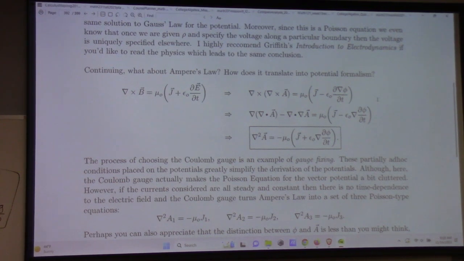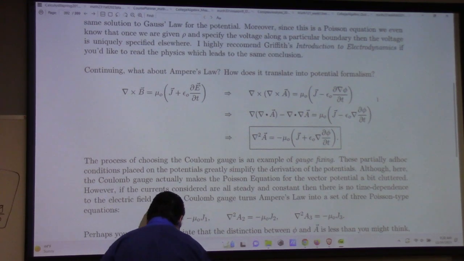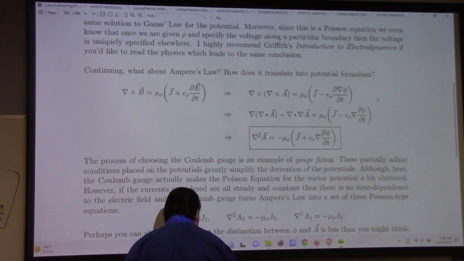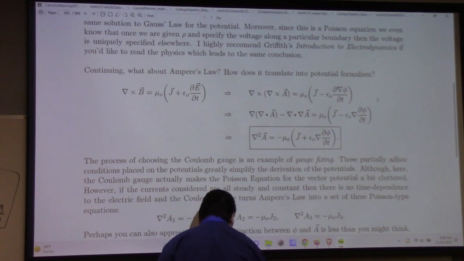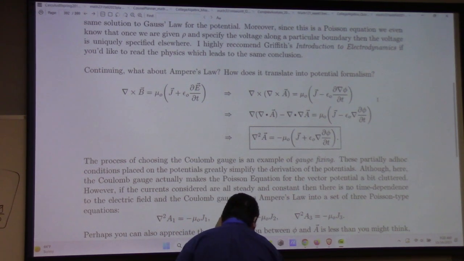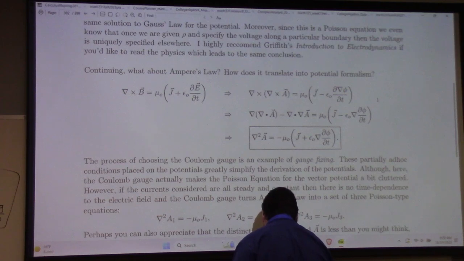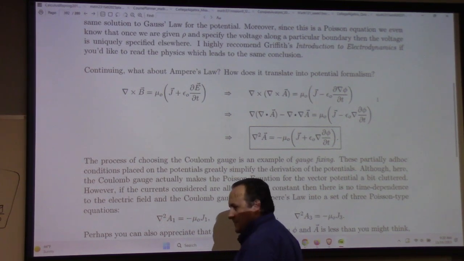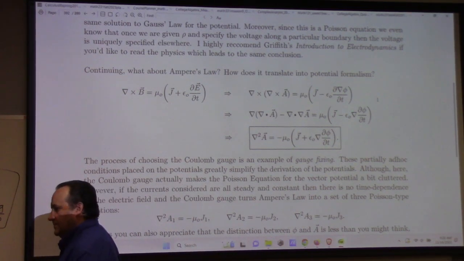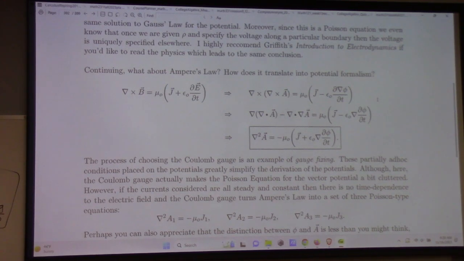That's nabla squared acting on A. So what that explicitly means is partial x squared plus partial y squared plus partial z squared acting on A. It's a vector of second derivatives of the components of A.